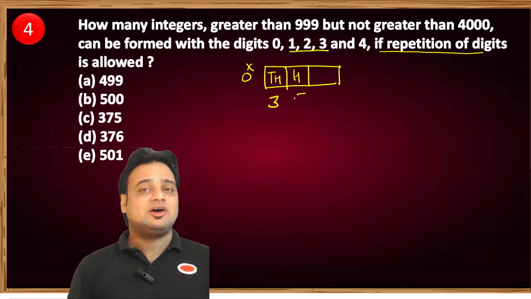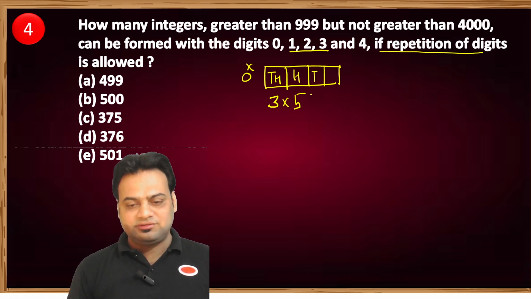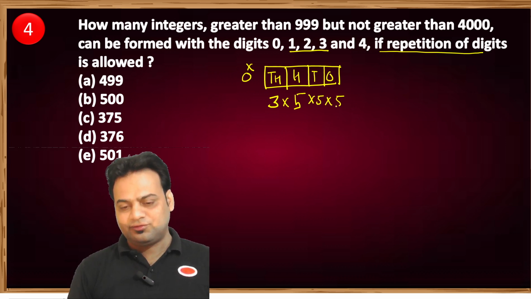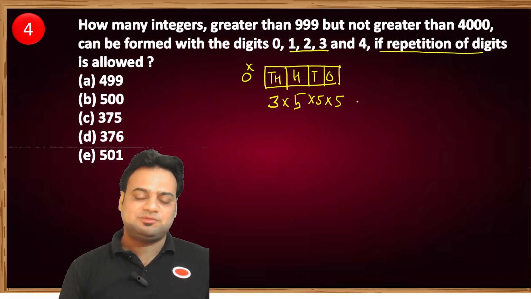The tens place is also 5, and the ones place is also 5. So 5 times 5 is 25, 25 times 5 is 125, times 3 is 375.